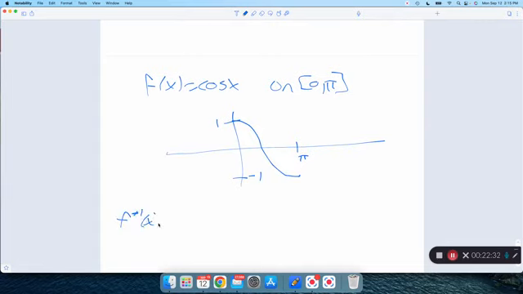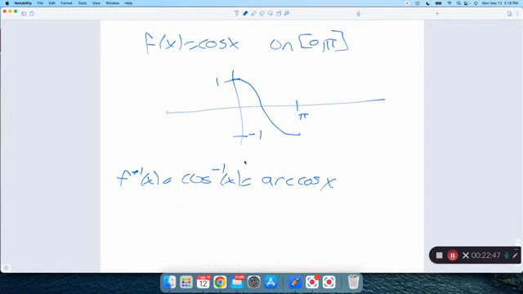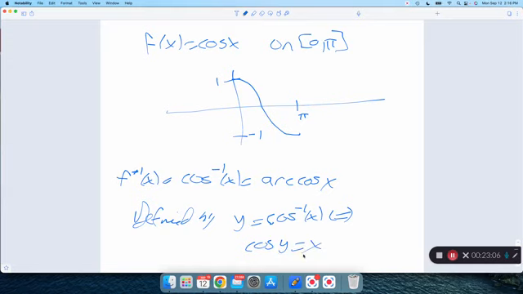That does not mean cosine raised to the negative 1. That is not an exponent. Also known as arc cosine of x. And it's defined by, this is the definition, y equals inverse cosine of x if and only if cosine of y equals x, if these two undo each other.